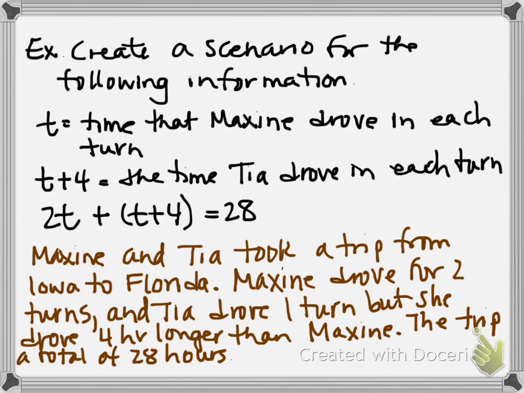T belongs to one person. How long was one of Maxine's turns? Okay, that works for me. How long will it, can we say it was each of Maxine's turns?